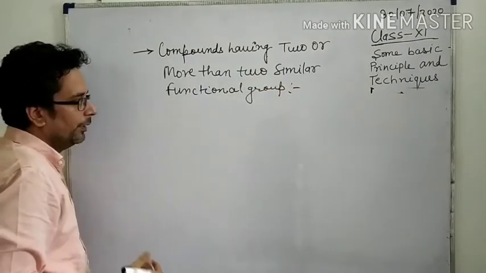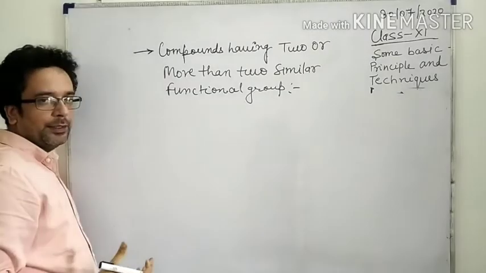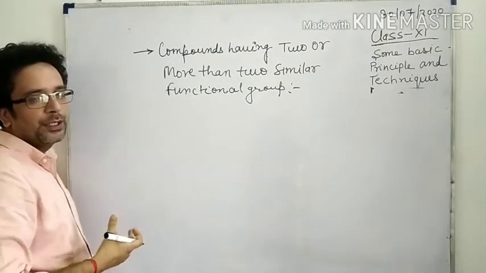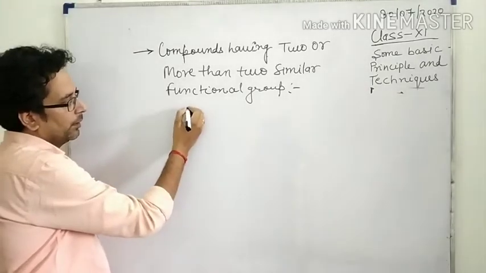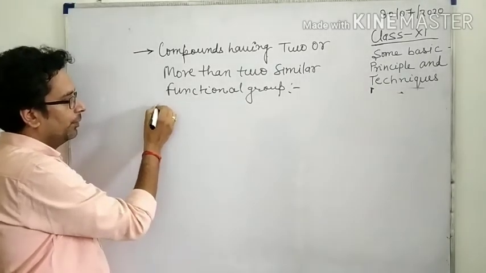So what is the method to write the name of a compound which contains two or more similar groups? Simply look here with an example.